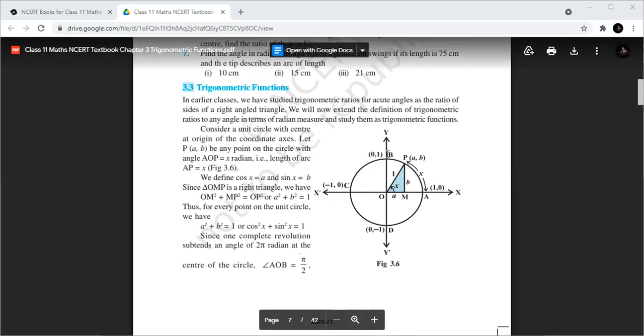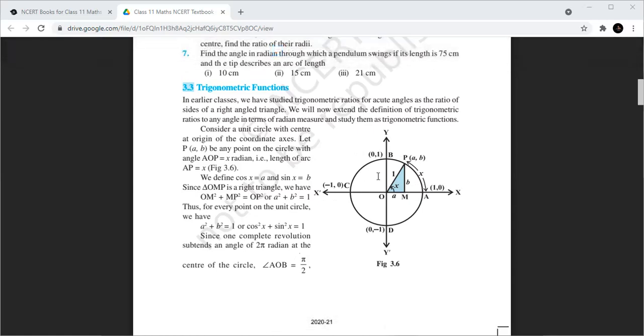So out of the ratios, one side becomes negative, so the ratio also becomes negative. Here your x and y both are negative. Here your x is positive, but y becomes negative. So because of that sign, you will observe that in different quadrants, the ratios will keep becoming positive and negative. How and what it happens, we'll study that further.